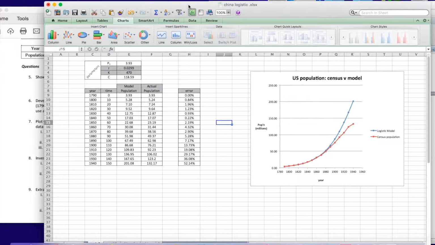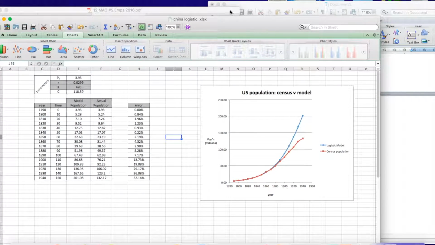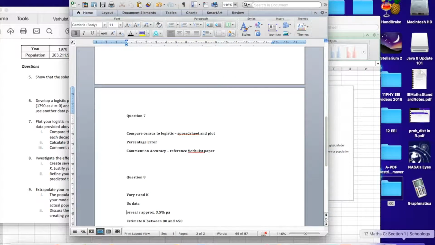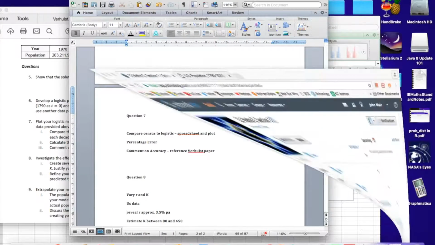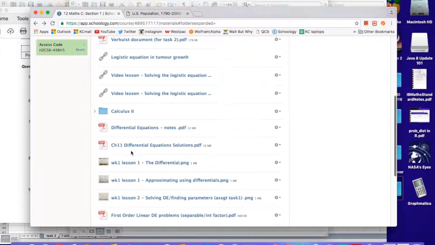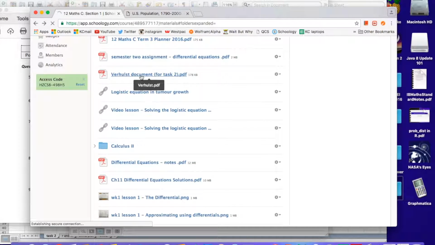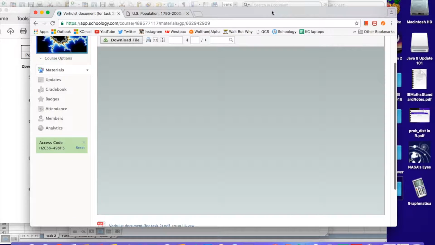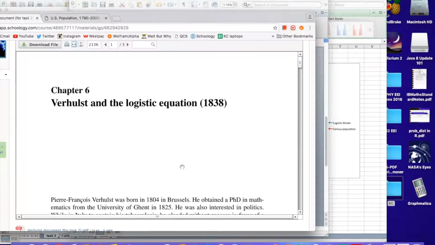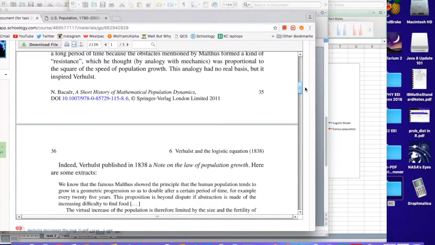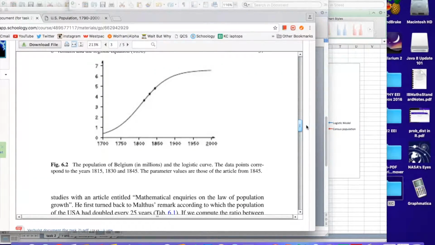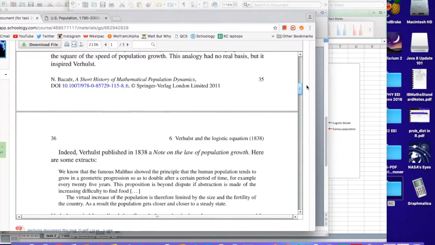Now, just to add some weight to what I just said, I want to reference a document which you have. If you go into Schoology, you'll see this one here, Verhulst document for task 2, and let's have a quick look at it. Here it is. So you should have a hard copy of this as well. But if we go through the literature here, we'll see what Verhulst did.